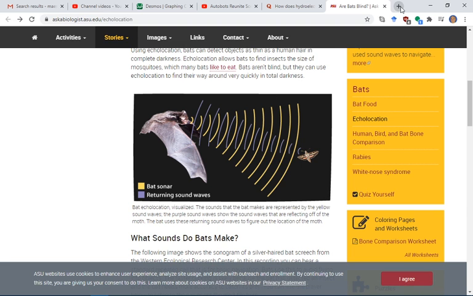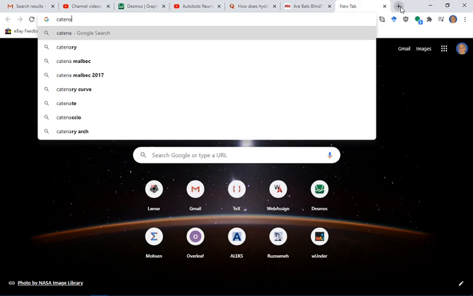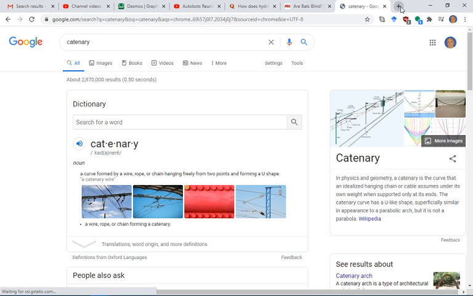Looking up the word itself in a dictionary, you see it in the context of a cable that's hanging between two poles. It takes on the shape of a curve, it sags, and that sag is according to the formula of cosine hyperbolic.